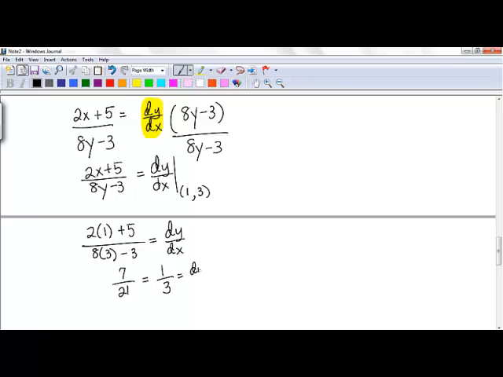And that is your derivative, the slope of the tangent line. If they ask you to actually find the tangent line, you would have a slope and you would have an ordered pair, then go to point-slope form of a line. Okay, last example.